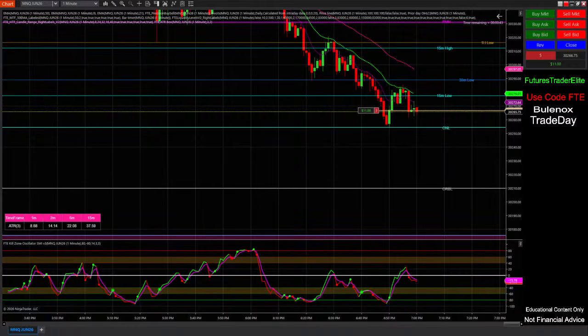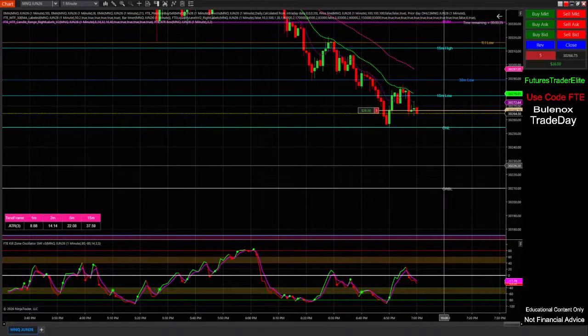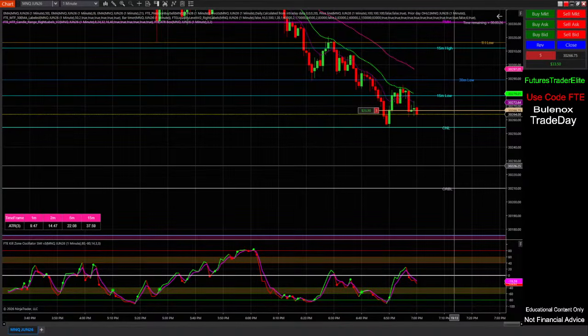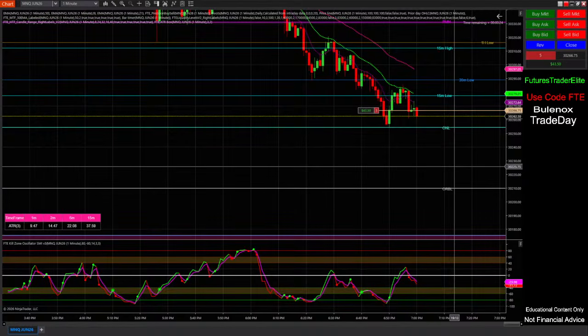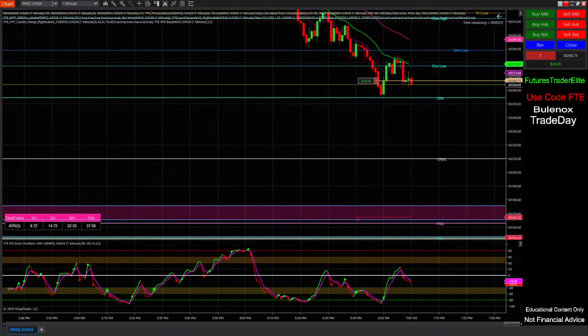Give me a 100-point move to the downside. Come on, push down there and break it. Close it there on the 15-minute. We're trying to see the waterfall tonight. Let's see it. Do it.